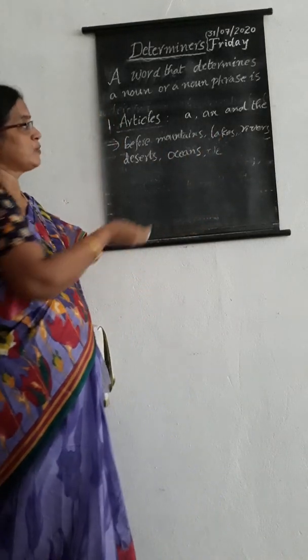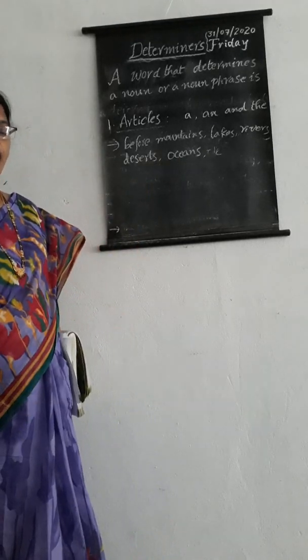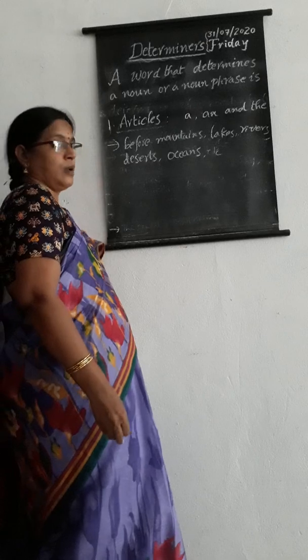Before mountains names, lakes, rivers, oceans, deserts, etc., we have to use the definite article the.